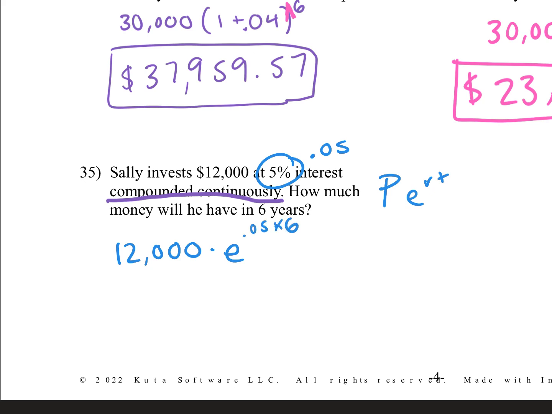So first I have to do the multiplication in the exponent, 0.05 times 6. Then I do e to the power of that, and then multiply that times 12,000. So we should get 16,198.3.